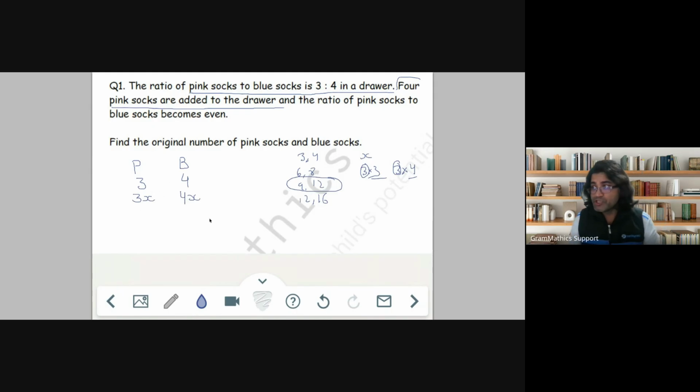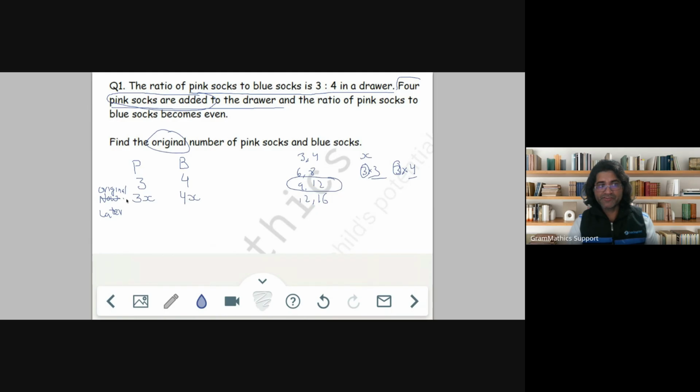And why am I doing this? Because they have not given the total number of socks. It could be anything, and they're changing the numbers here. 4 pink socks are added. So this is now, and this is later. If the question says original, I can say this is original.